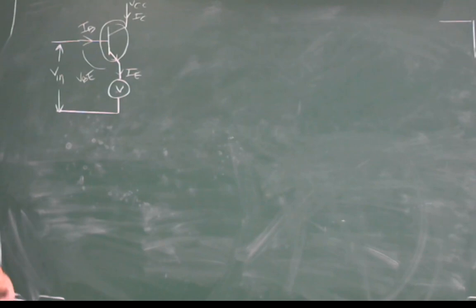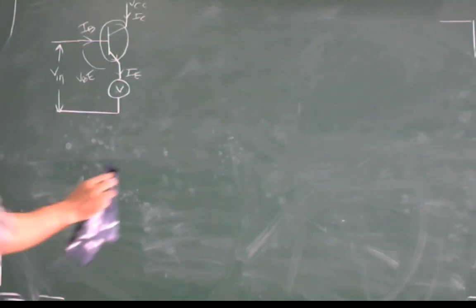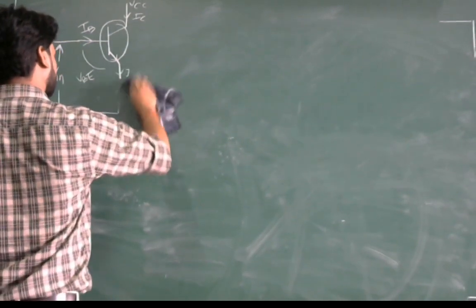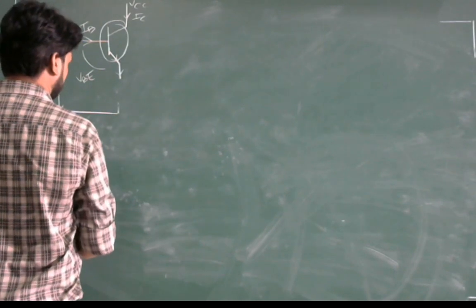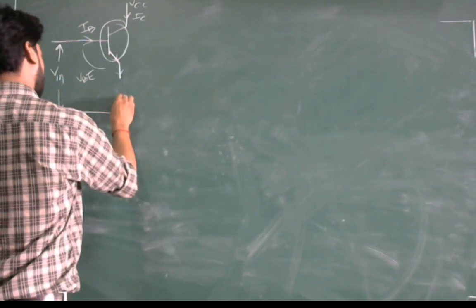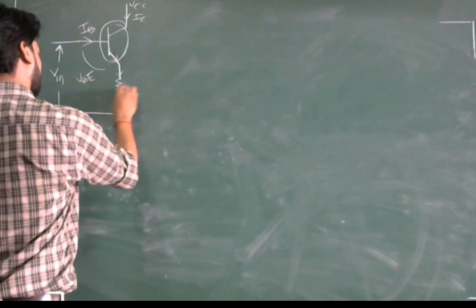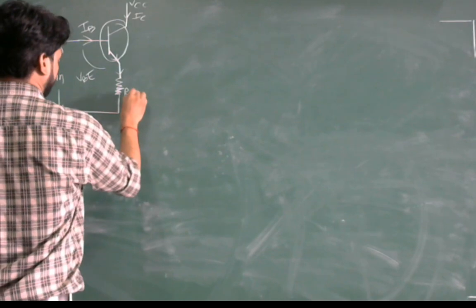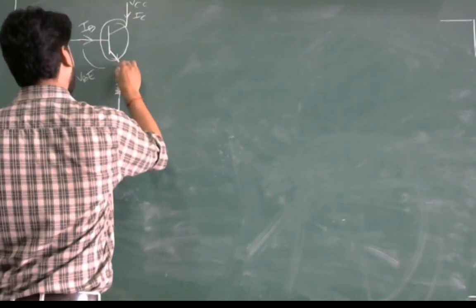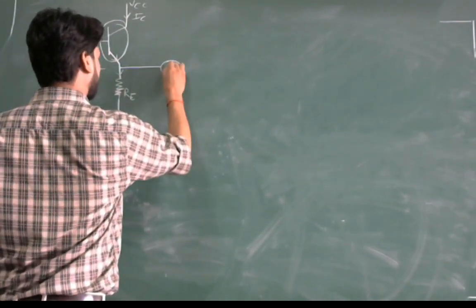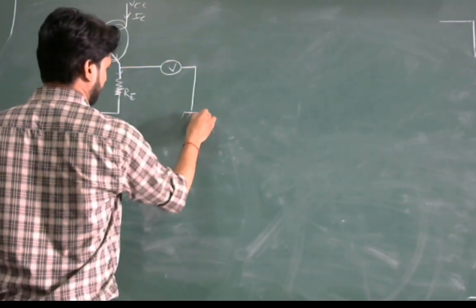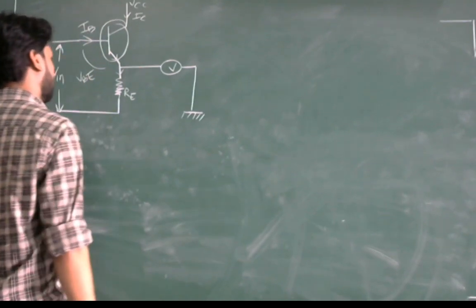Suppose I am connecting this voltmeter as RE, this is emitter resistance, and I am connecting this voltmeter here and making the other terminal ground.